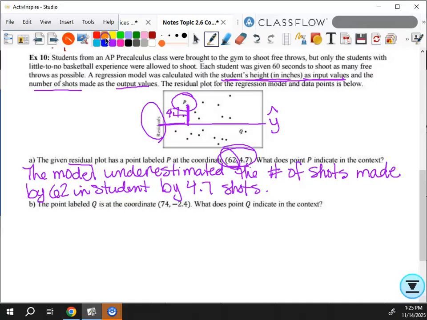Okay, so then we have this point Q. Now this model, did it overestimate or underestimate? Overestimate, because it's over it, right?